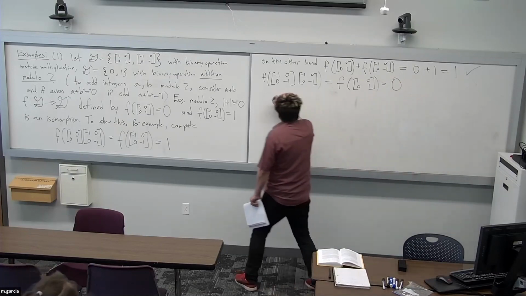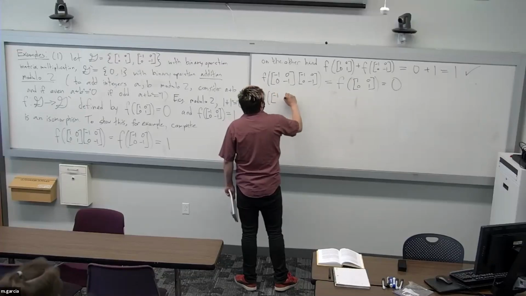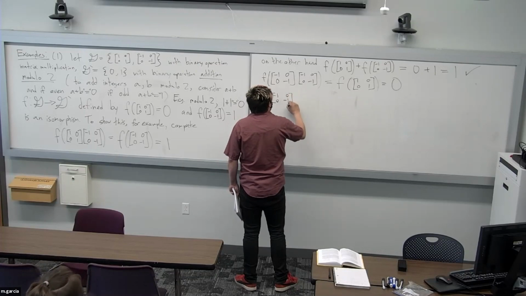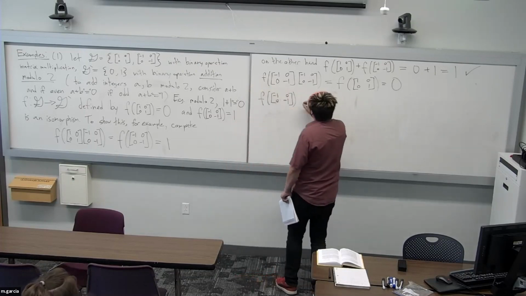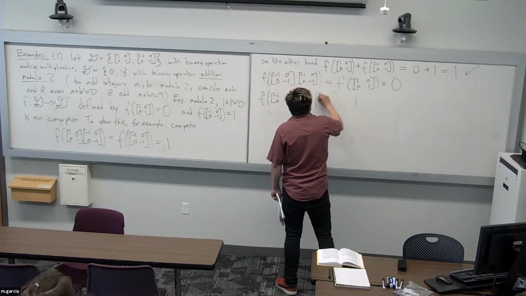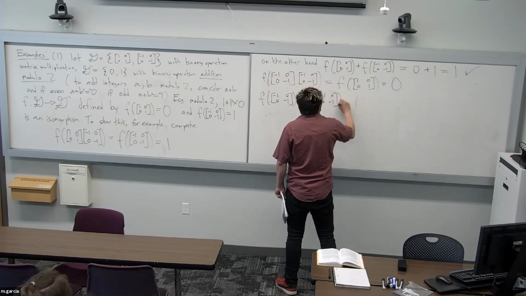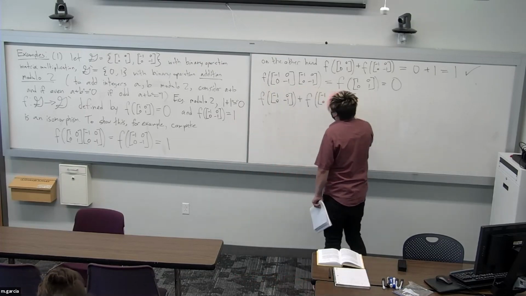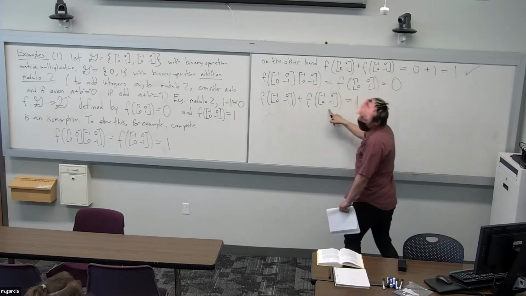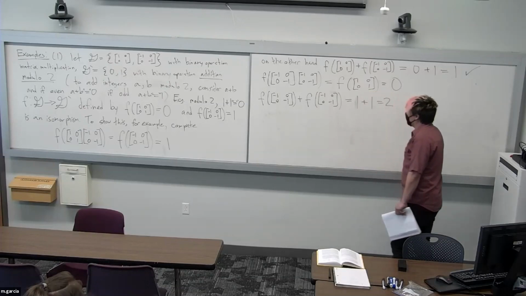Okay, now let's compute on the other hand what happens if we take the sum in G prime, mod 2, of f of the negative identity and f of the negative identity. Okay, so again, by definition, this is 1, this is 1, which is equal to 2.